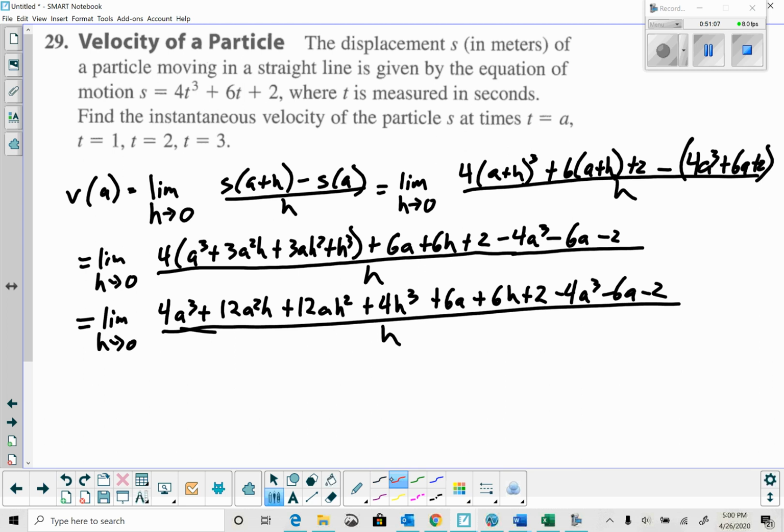All right, time to start slashing things here. 4a cubed, negative 4a cubed. Positive 6a, minus 6a. Positive 2, negative 2. Again, if we've done this properly, okay, screwed up last time, each of these terms in the minus s of a should all match up with and simplify and disappear.